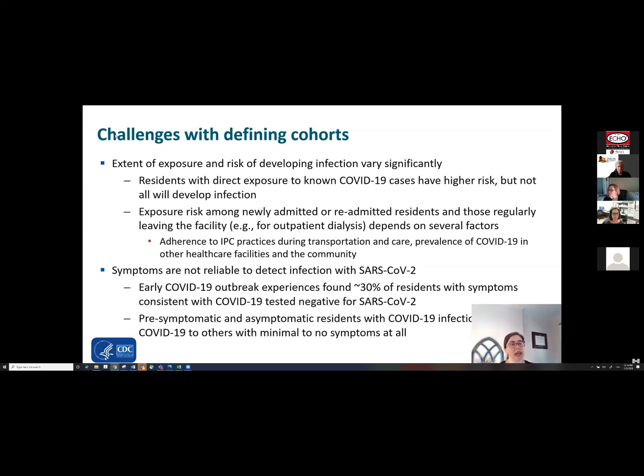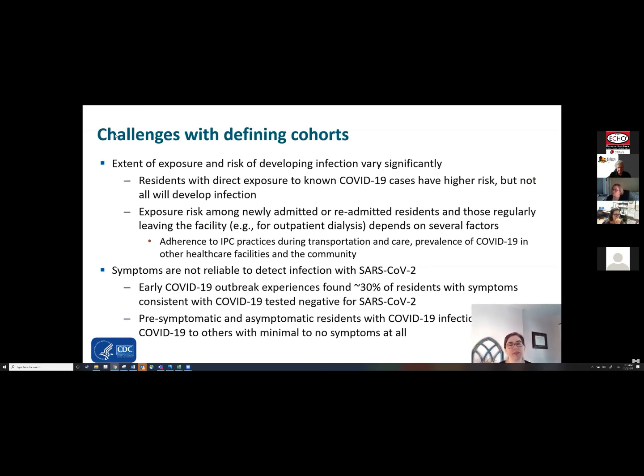Another way you can think about this, or some other groups of residents you can think about this idea with, are those who are newly admitted or readmitted, or even those who are regularly leaving the facility, like for dialysis. They may have had exposures, but they may not have. It's a little unclear, but they are definitely at risk of having had an exposure to someone else who has COVID-19.